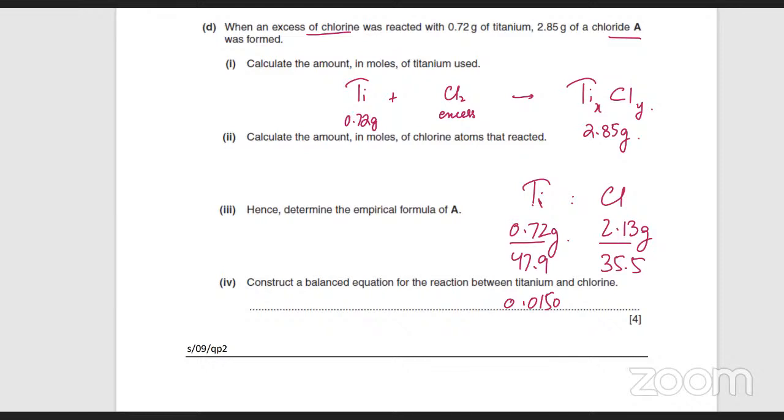So the ratio, dividing by the smallest, 0.015, is 1 to 4. Based on that, you can figure out the equation.